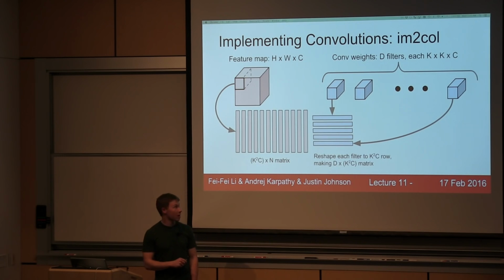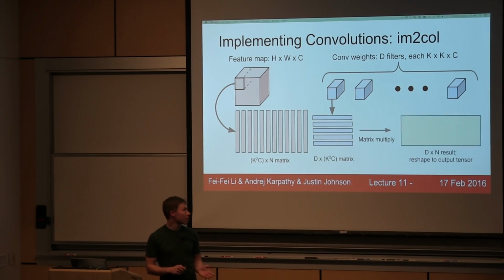So now this is great. Each column of this matrix is a receptive field, and we have one column per receptive field in the image. And in this matrix, each row is a different weight. So now we can easily compute all of these inner products at once with this single matrix multiply.